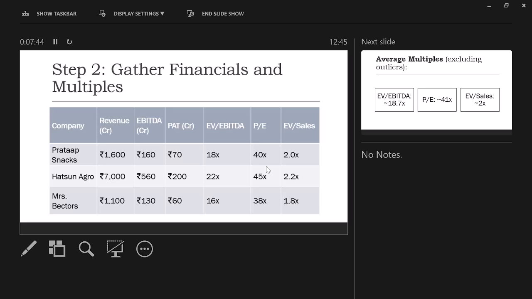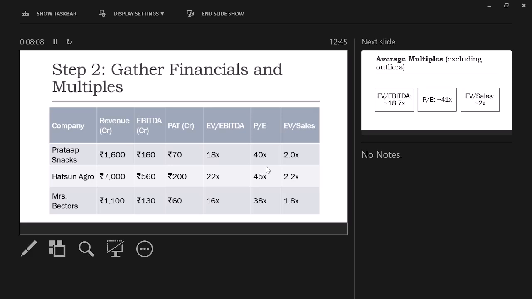So then you found out what the financials of these companies were. So gather the financials and multiples. So Pratap Snacks, Hatsun Agro, and Mrs. Bector. So we have the financials of these 3 companies. Pratap Snacks is about 1600 crores of revenue, and Hatsun Agro 7000 crores.